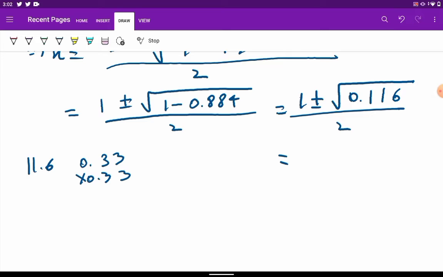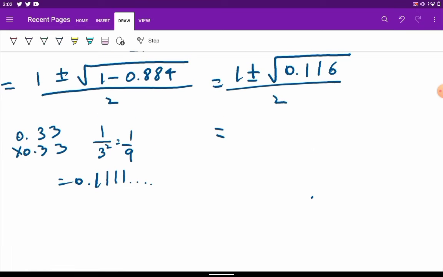What is 1/3 square? This is 1 by 9. What is it? 0.1. Yeah, it's a recurring, so it's 0.1111 and so on, right? So I could roughly, it's a very rough approximation, take it as 1 by 9.